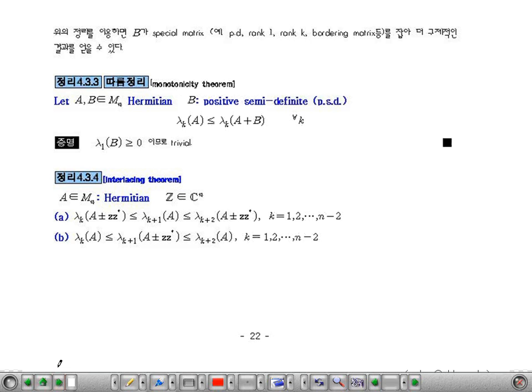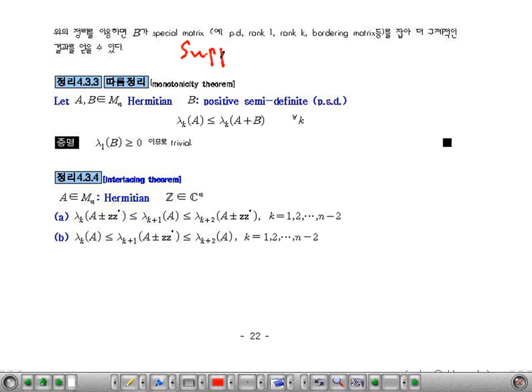So we have found how important it is, if we use the theorem that we have studied.